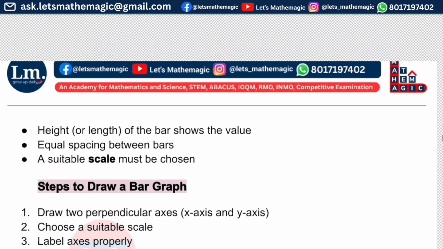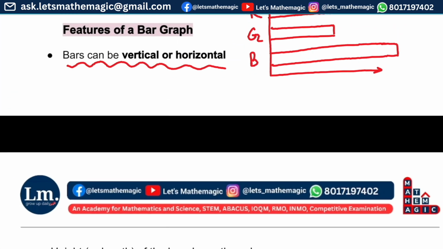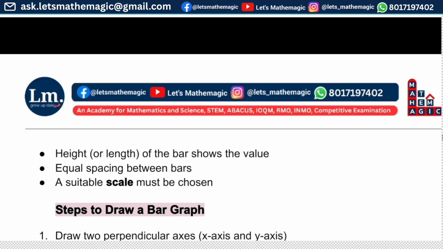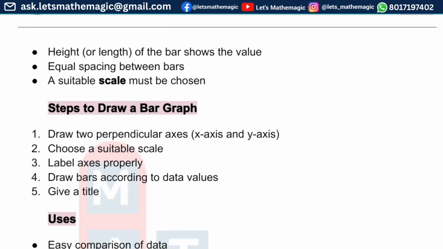Next are the steps we are going to follow for drawing bar graphs. Usually if nothing is told, we draw vertical bar graphs. The points we need to keep in mind: the height or length of the bar shows the value, which here means frequency.